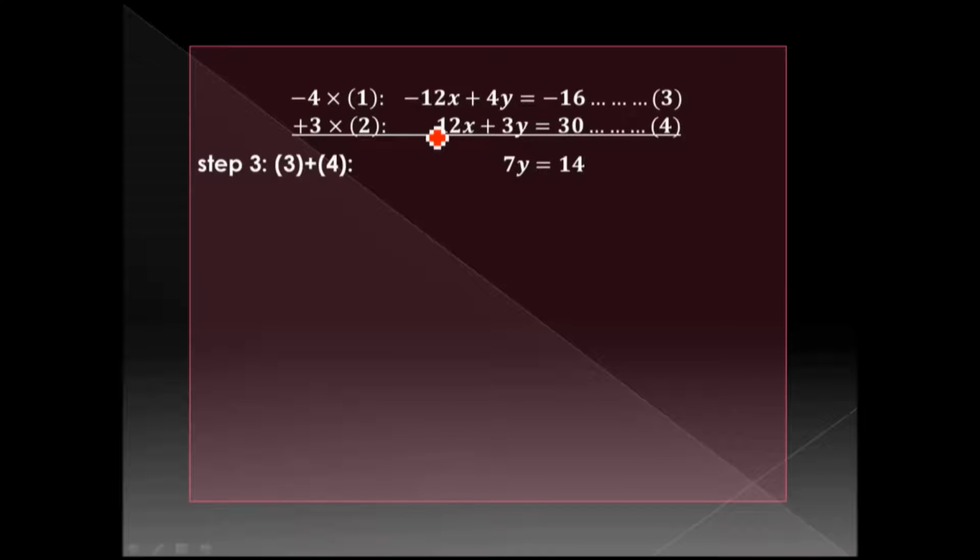we have to consider each bundle of like terms. So the first bundle is minus 12x plus 12x. And this will collapse to 0. You get it? Minus 12x plus 12x collapses to 0. And just at that point, we have eliminated x.